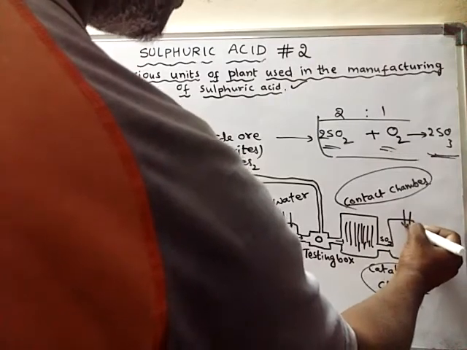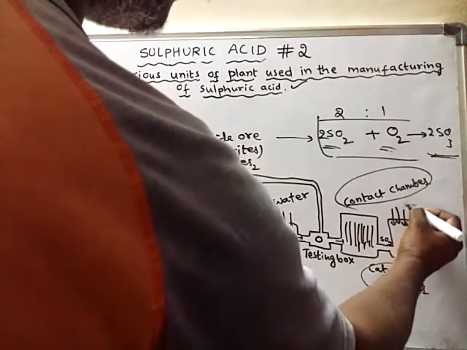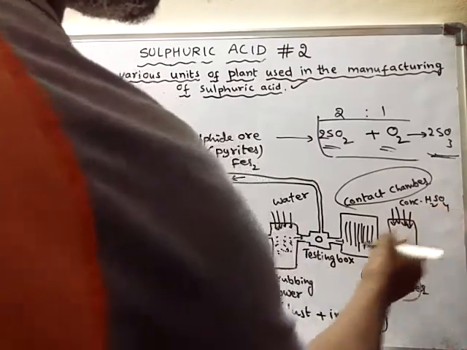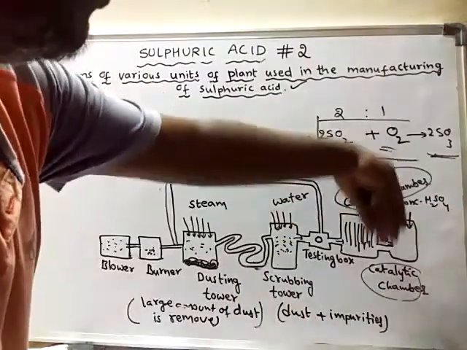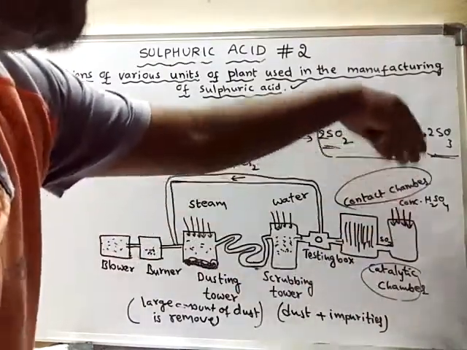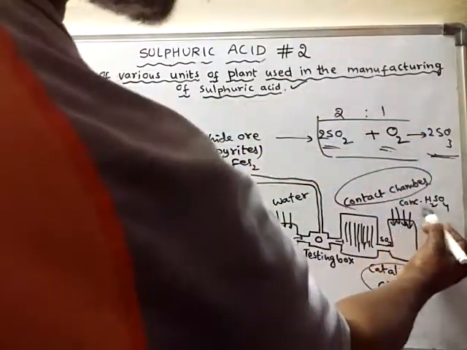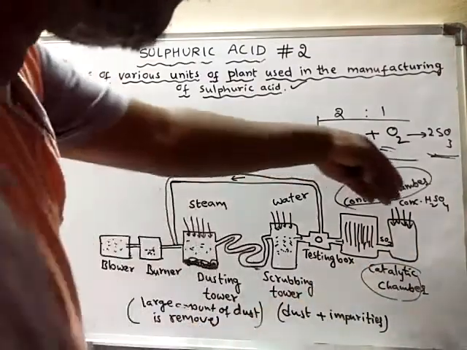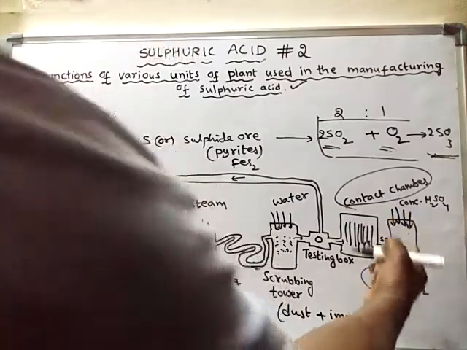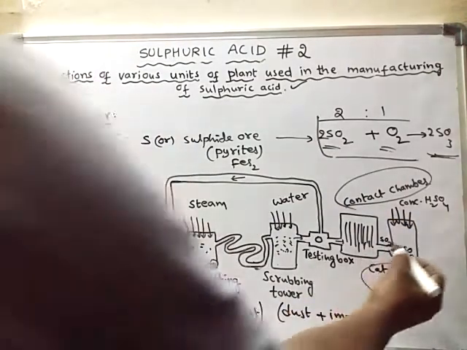In the absorption tower, concentrated sulfuric acid is allowed to pass in from the top and falls into this chamber. Now the sulfur trioxide gas enters this chamber. What happens?